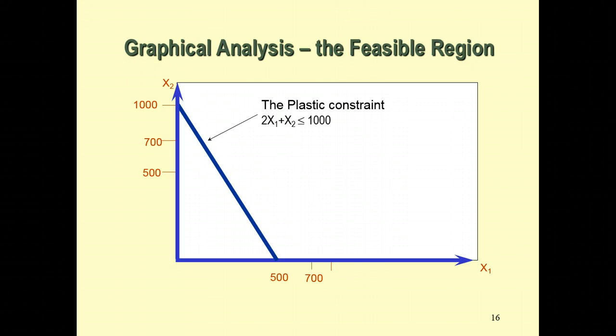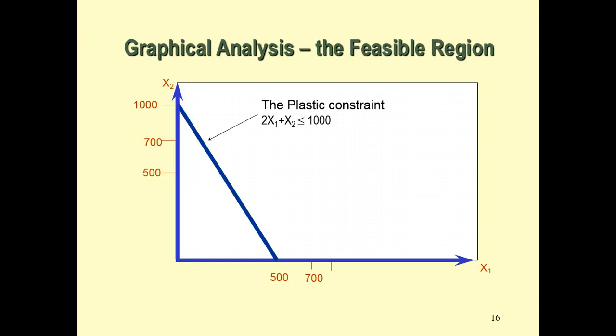So let's do the plastic constraint. Let's say we make no x2s. What's the most x1s we can make? 2x1 is less than or equal to 1,000. What's the most space rays if we make no zappers? 500. Okay, 500.